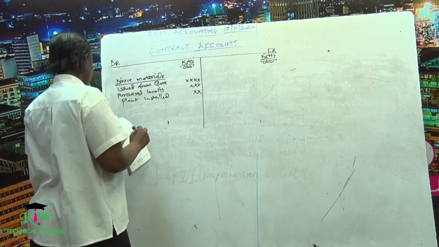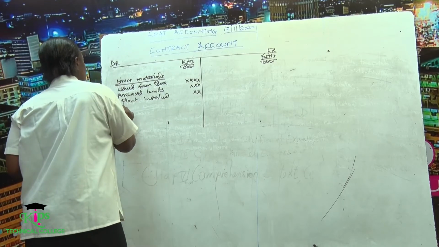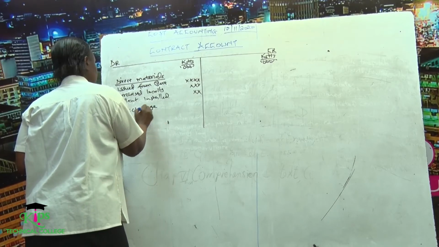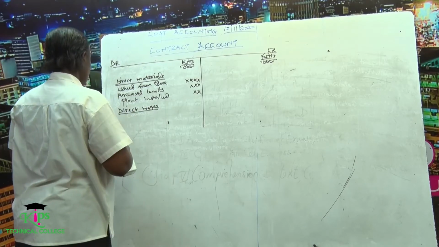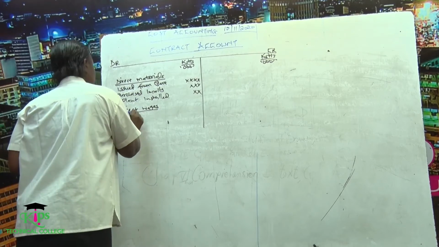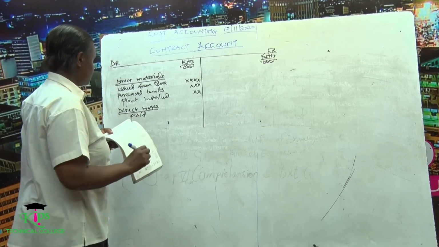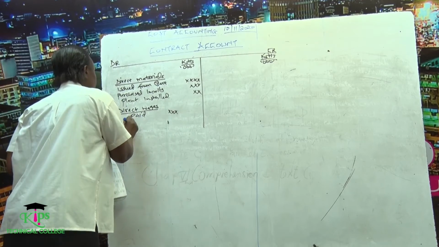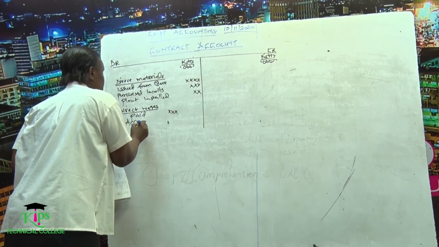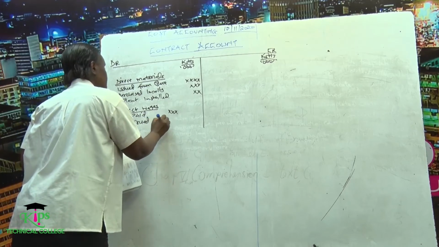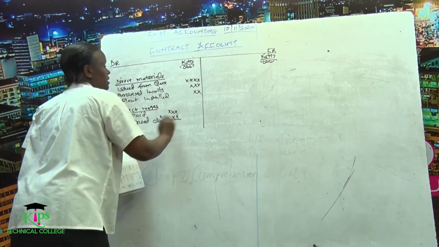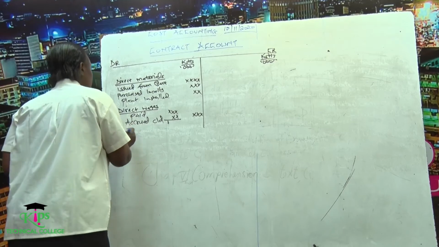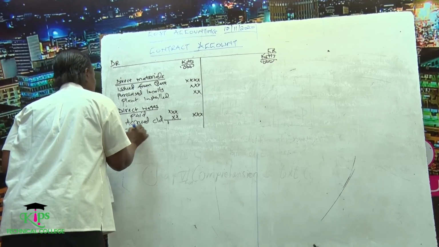Then we have direct wages. You write first the amount which you have already paid to the contractor. You add the accrued, the amount which you never paid in the previous period, and write the total. Then we have direct expenses.